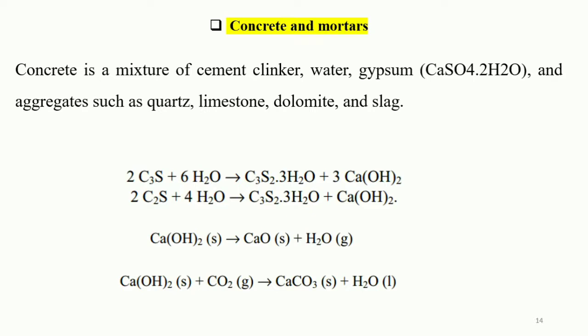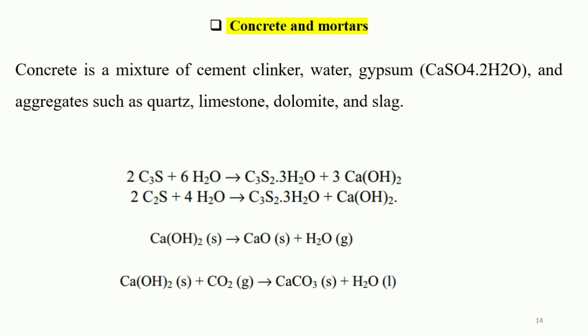The hydration and hardening of Portland cement takes place as a result of the following reactions, in which tricalcium silicate C3S reacts with water and produces C3S2 with 3 waters of crystallization and calcium hydroxide, while dicalcium silicate C2S combines with 4 water molecules and changes into tricalcium silicate with 3 water molecules and calcium hydroxide subsequently.